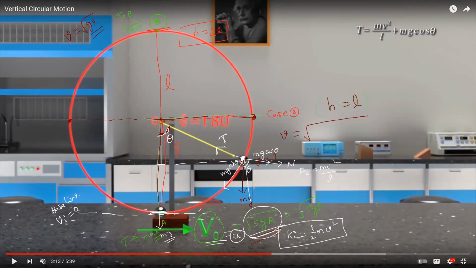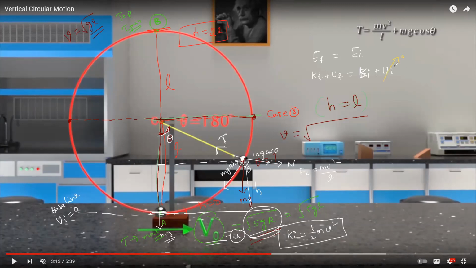Let me take that height as h. So what is the law of conservation of energy? Final mechanical energy is equal to initial mechanical energy: final kinetic energy plus final potential energy equals initial kinetic energy plus initial potential energy.